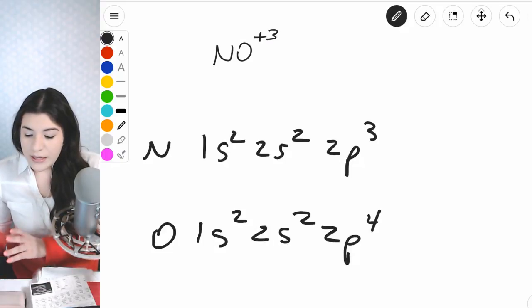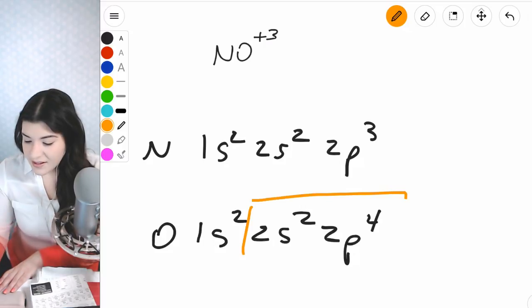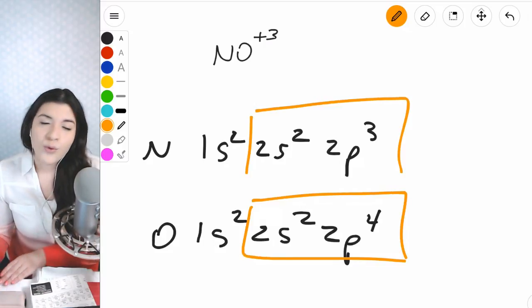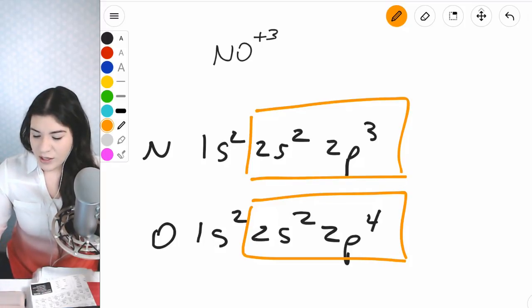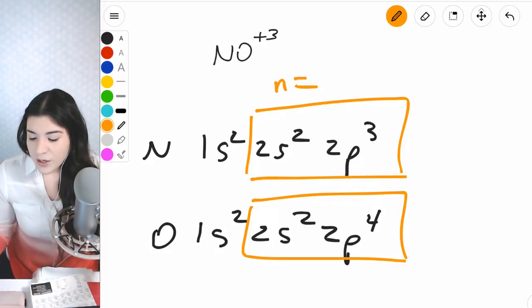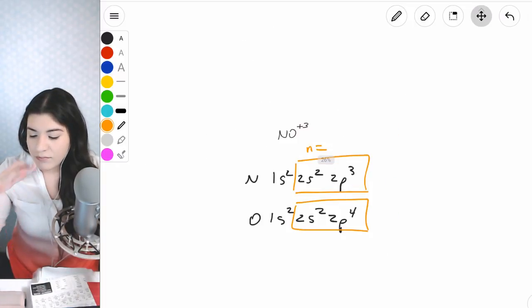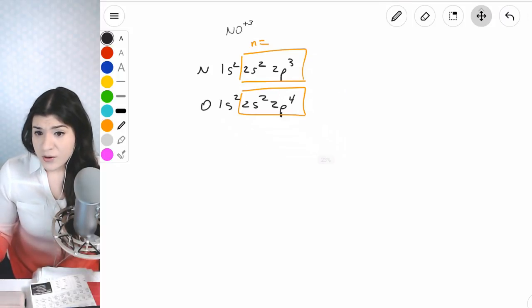Now that we know that, what we're going to focus on is just the ending portion, the highest energy. This goes back to quantum numbers, where your highest energy would be n.